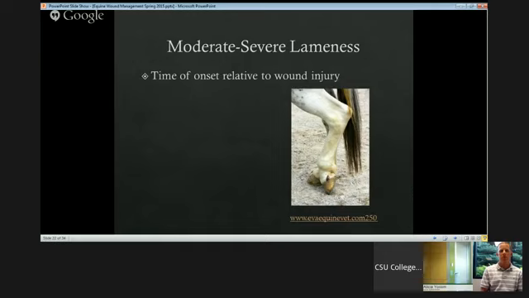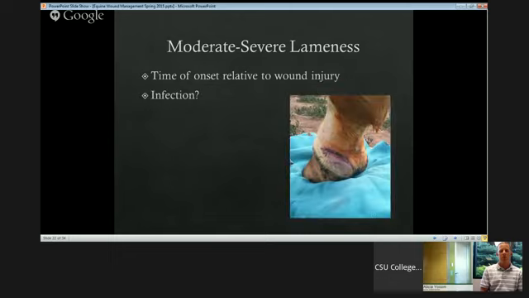And so this can really help determine what is going on and give you an idea of how to proceed diagnostically depending on the time of onset. Infection can occur with some of these lamenesses, especially if they are occurring a few days after injury. And so that's something that we want to revisit as veterinarians, to maybe re-tap a joint or retest the fluid.